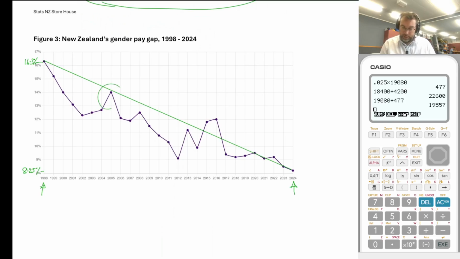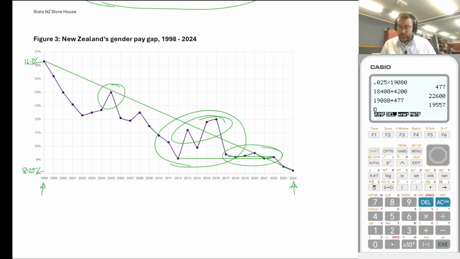There was a spike in 2005, and it's pretty inconsistent from 2012 through to 2018. And in fact, from 2012 to 2022, it remains almost flat with these spikes here in 2013, 2015, 2016. It's particularly flat from 2017 to 2022 in this space here.